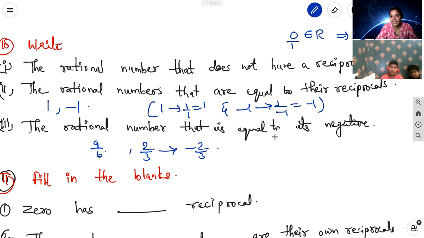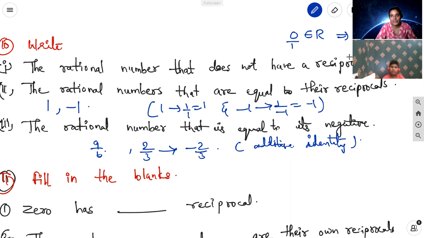The rational number that is equal to its negative is the additive identity. If 2 by 3 has the negative minus 2 by 3, understood, then adding those two, you get 0.